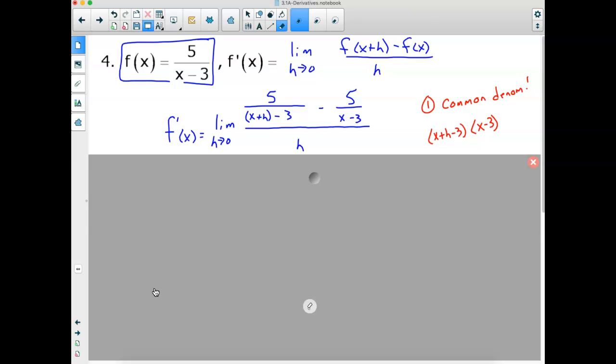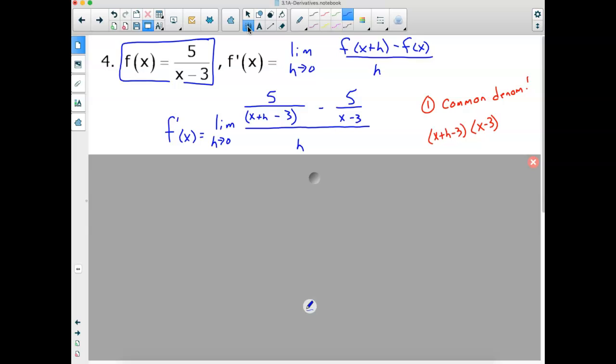The answer is no. So I'm going to clean them out just so you understand that. What I'm looking at down there is one collective unit, because they're all separated by addition and subtraction. So that's one factor in the denominator, minus f of x, 5 over x minus 3, all over h.